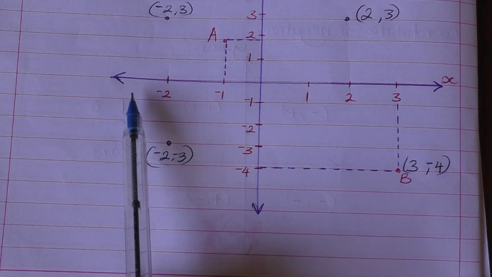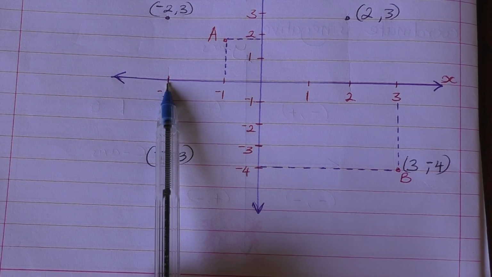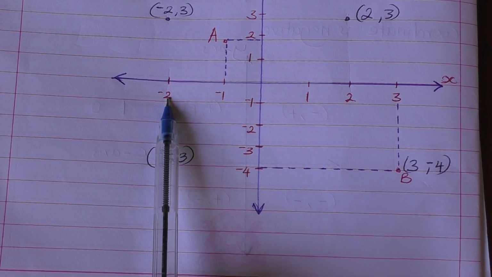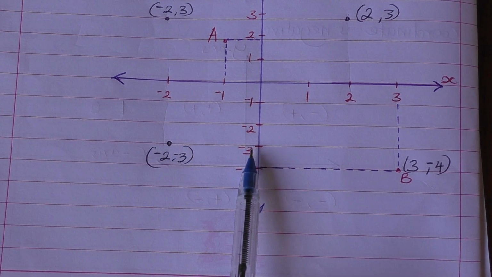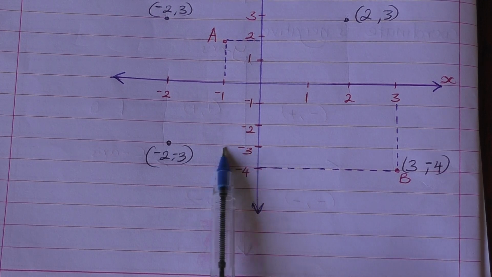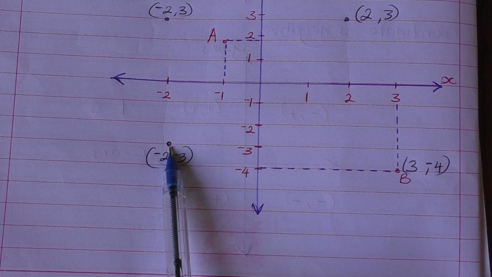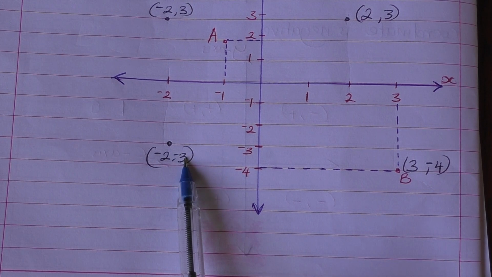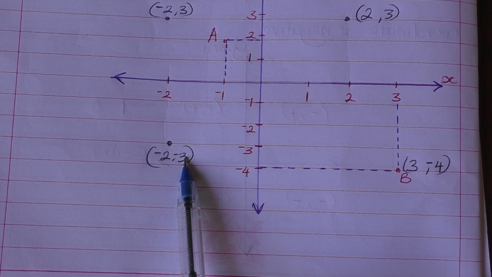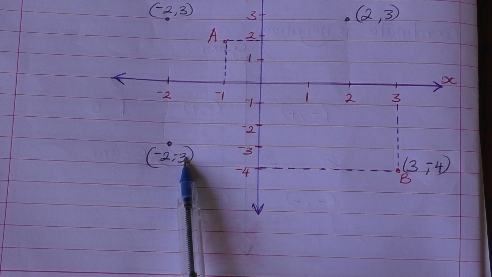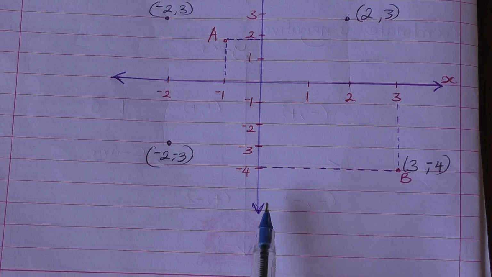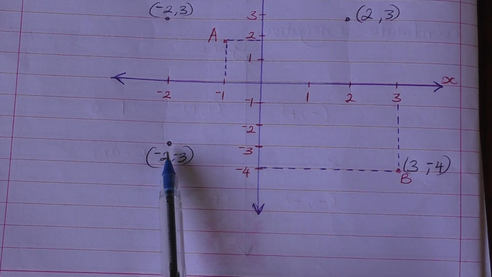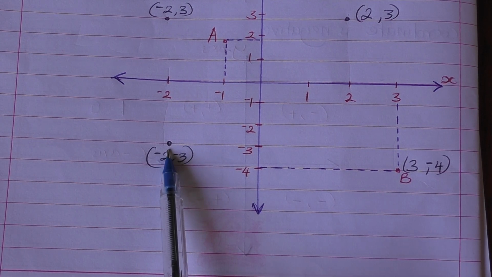So you come on the x-axis, locate negative 2, and where that one meets with negative 3 on the y-axis becomes our point, negative 2, negative 3. Meaning, if we are given a point whose x and y coordinates are both negative, that point is plotted in the third quadrant.